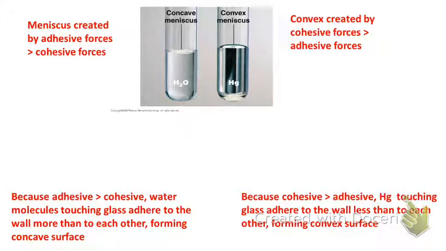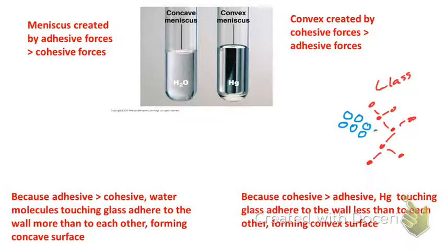Alright, so you just put this diagram in your notes. So here's my glass again. Here's the bonding that takes place in the glass. Now as far as the mercury goes, the mercury, of course, is going to have metallic bonding. And you know that metallic bonds are very strong compared to hydrogen bonds.